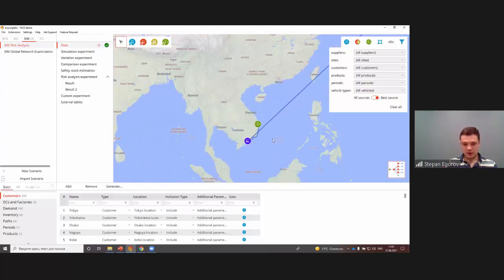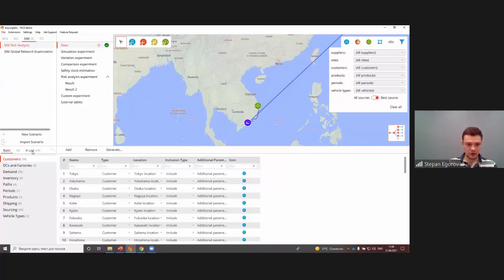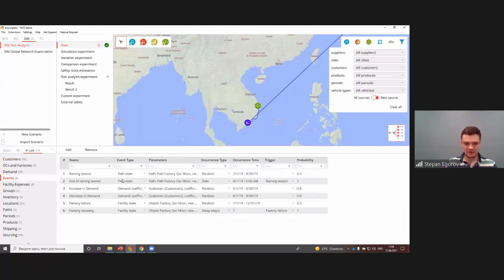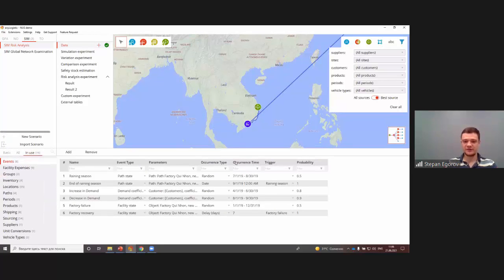And we have defined the model, but what we have here in addition to what I already showed to you is random events. For example, we have a certain probability that a rainy season in Vietnam may impede the production and stop the factory from producing. So just randomly, let me set it for 50%, yeah?